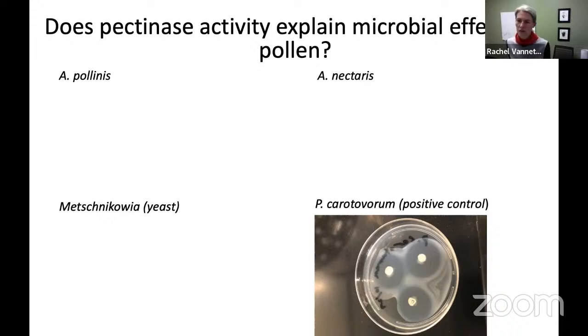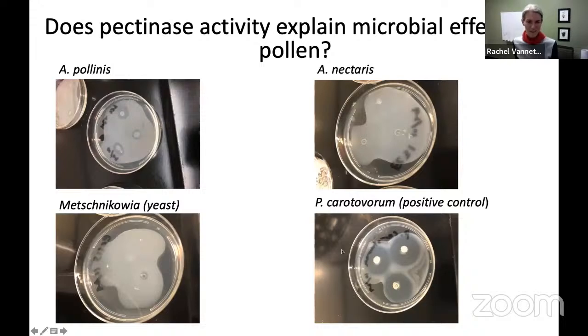We used a plate assay where you impregnate an agar plate with polygalacturonase and grow microbial strains. In this case, we have 3 microbial spots here, and a clearing zone indicates degradation of that polygalacturonase by microbial enzymatic activity. What we found is that our positive control worked great. Pectobacterium can degrade that material, but none of the other strains that we measured could really do the same.